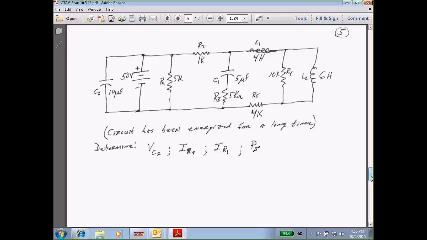DC, right, AC, electronics, before they got to it. I guess it would be DC and AC, because you mentioned that electronics and digital can be taken at the same time. Right. They can be taken at the same time.